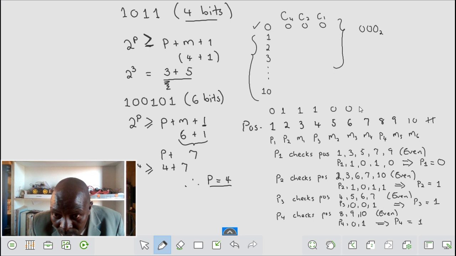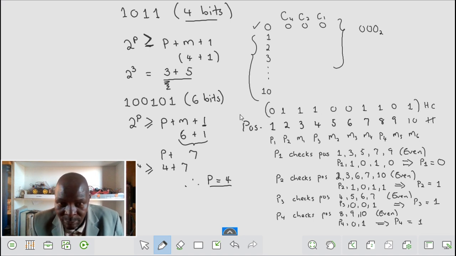P4 is a 1. And the last two bits, 9 and 10, are 0 1. And that's the word we would actually transmit. This is our Hamming code word for that 6-bit number.